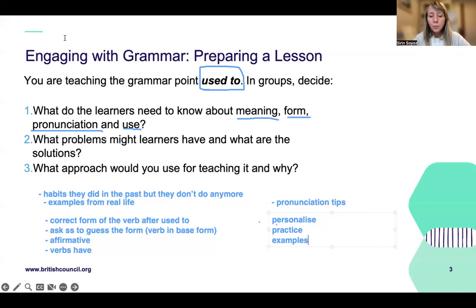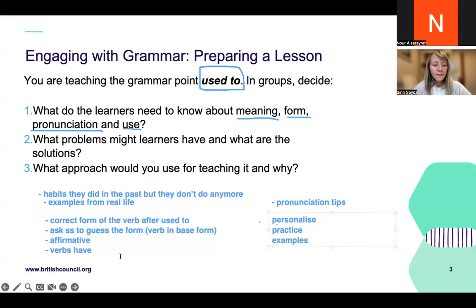And what approach? Do you have a favorite approach? You gave some examples, like you give examples from real life. Any other favorite activities for you to present, practice, used to? Yes, Noor?